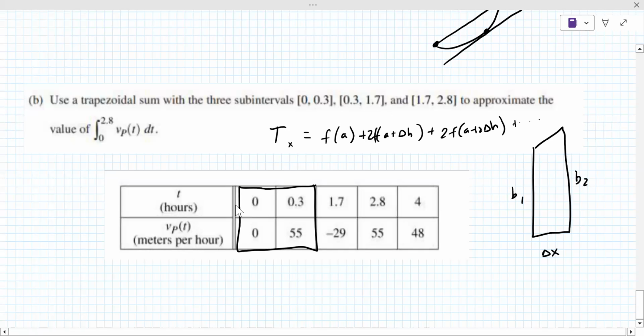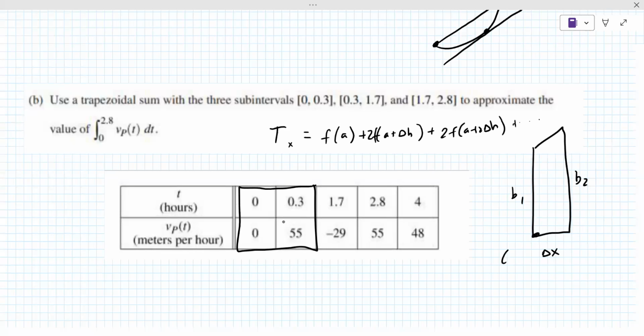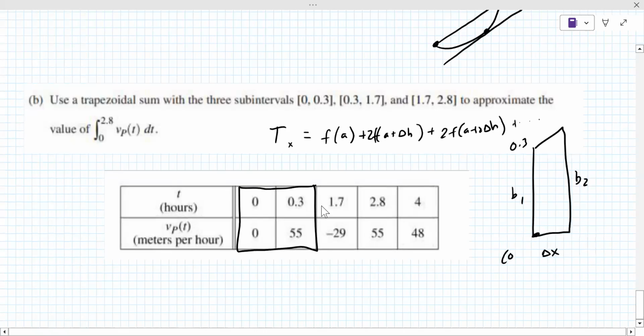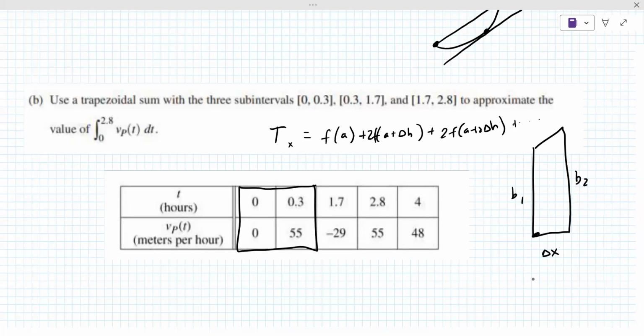Okay, so the way to do this is to look at these 2 points. For the first one, the height is 0, 0.